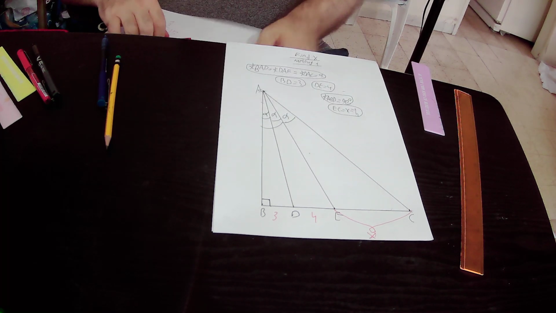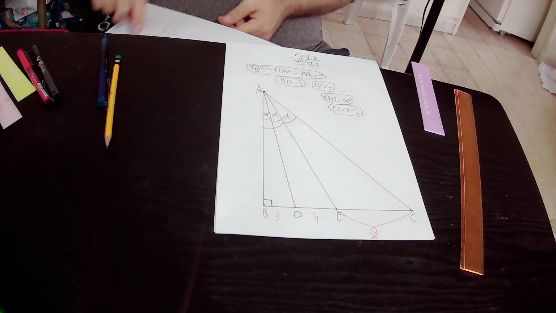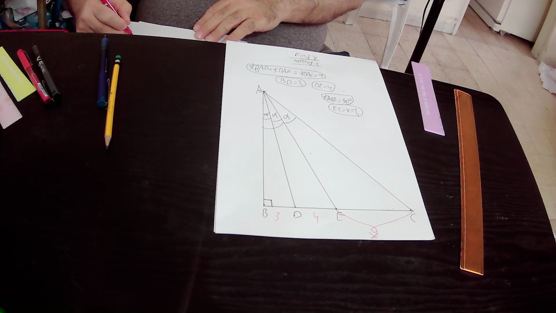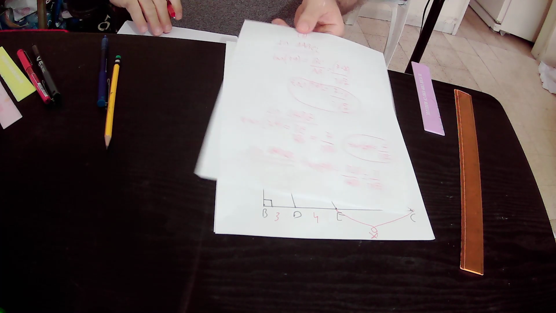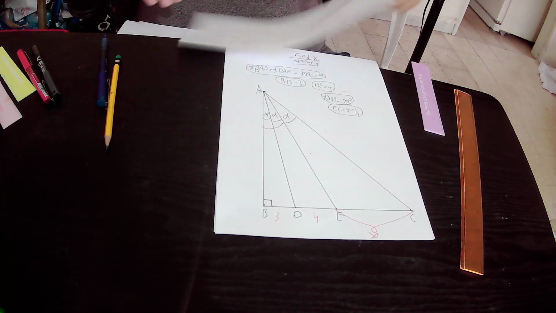But what is the value of BD? BD equals 3 units. And we have already found out that AB equals 3 times root 7. So in total we got that the value of tangent alpha equals 3 over 3 times root 7. So I will write it down.